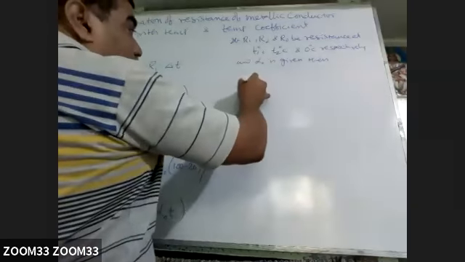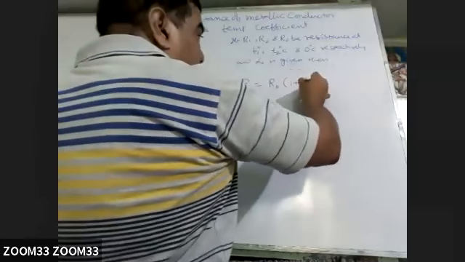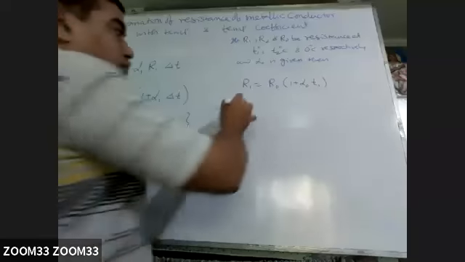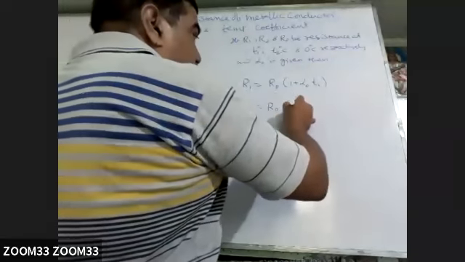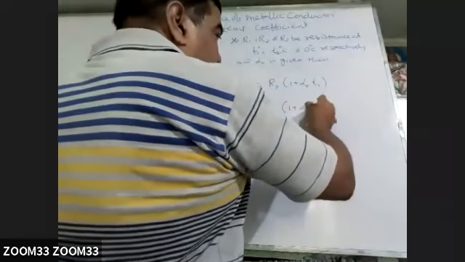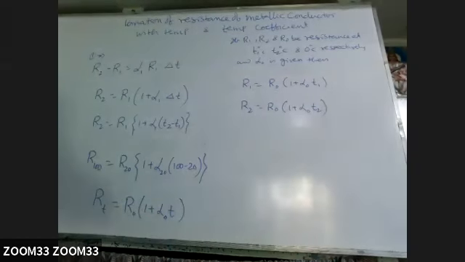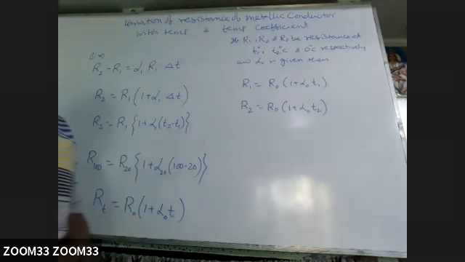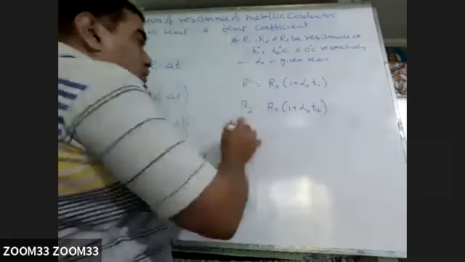We will say R1 will be R0 times 1 plus alpha 0 T1, and R2 will be R0 times 1 plus alpha 0 T2. Both we have taken with reference to 0 degree. So if R1 is given and R2 is asked, and R0 is not given, then we will divide these two.